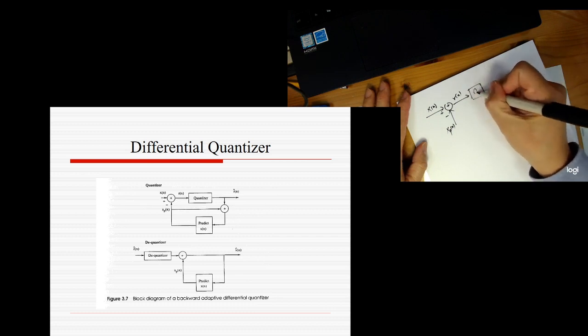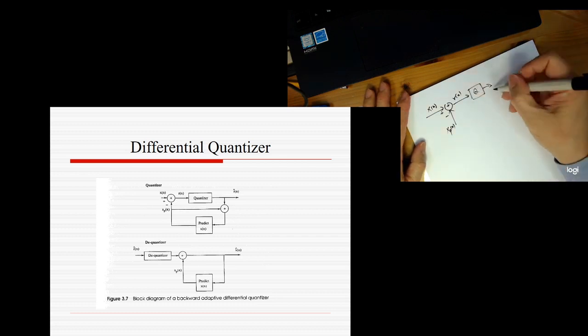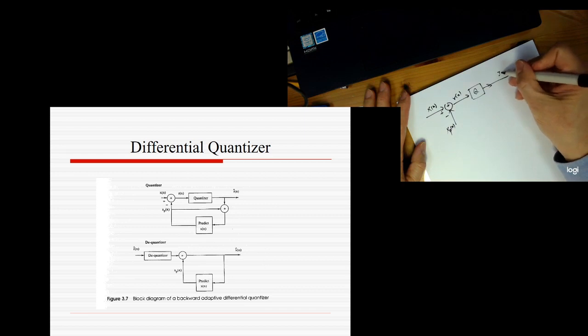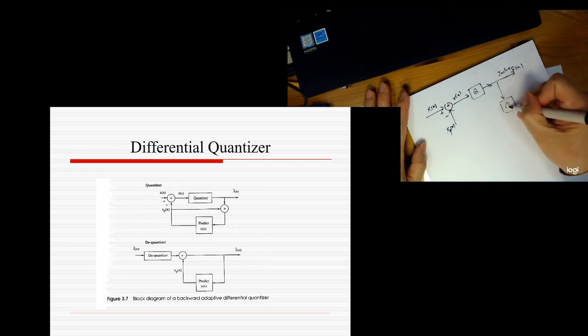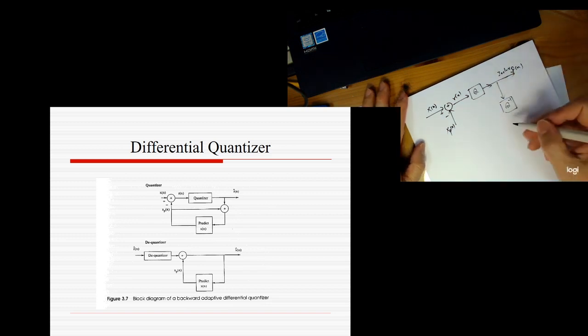Then it is quantized, and what goes through the channel is the index R hat of n. Then we do the dequantization by table lookup, so we can get R hat of n.